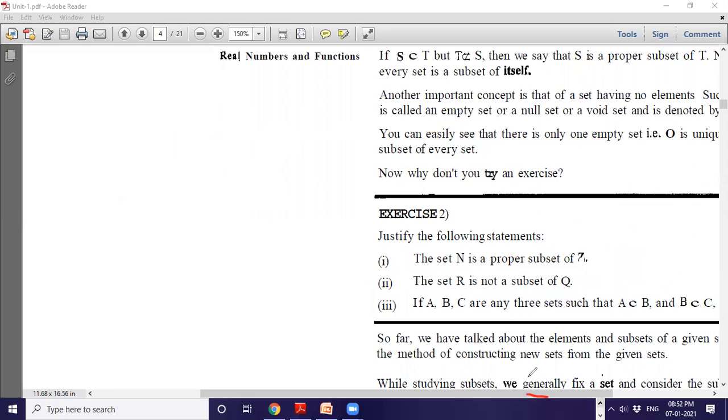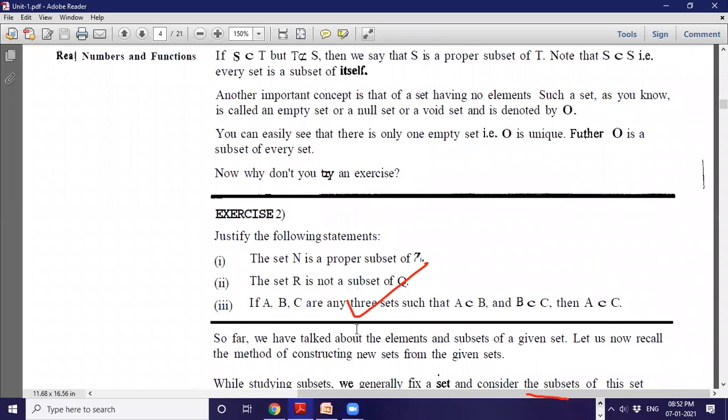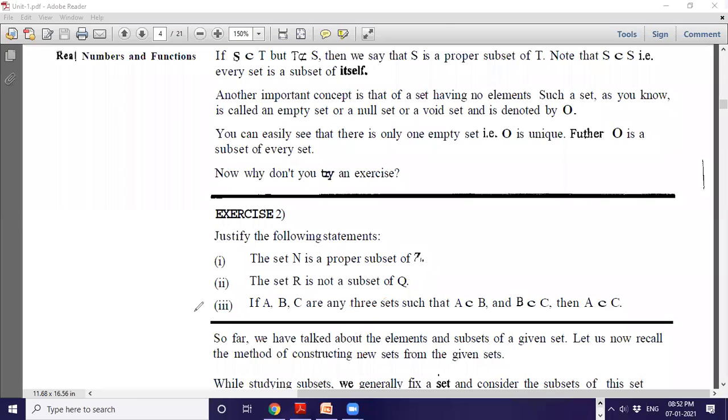So next one, if A, B, C are any three sets such that A is a subset of B, B is a subset of C, then A is also a subset of C. Let's try this one.